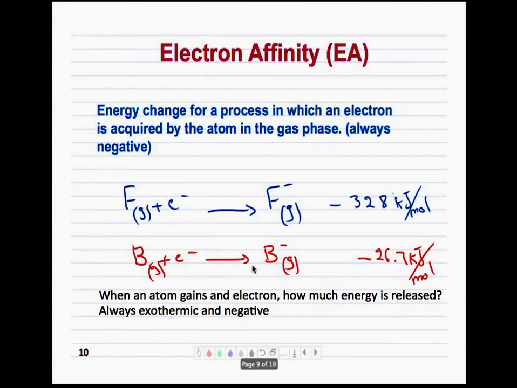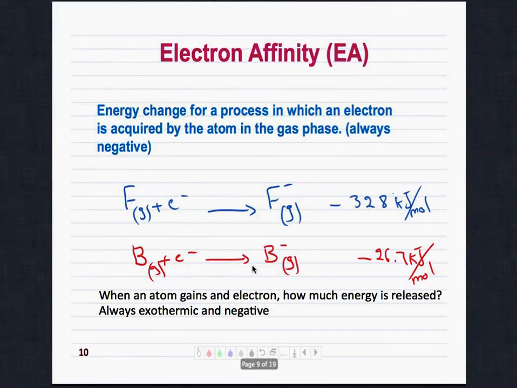Now let's see the trend in the periodic table. Is it the same as the ionization energy? Is it the same as the radius? How exactly is the trend? That's for the electron affinity. Okay.